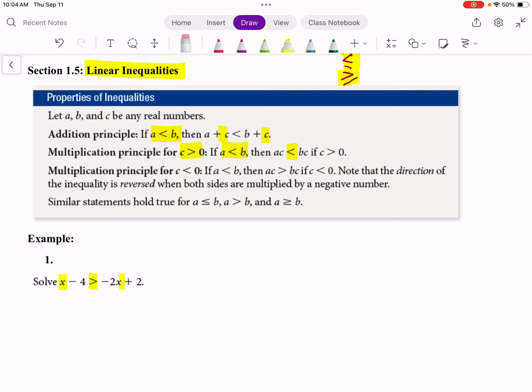If we multiply both sides by 2, we get 2a, and the inequality sign remains the same, less than 2b.